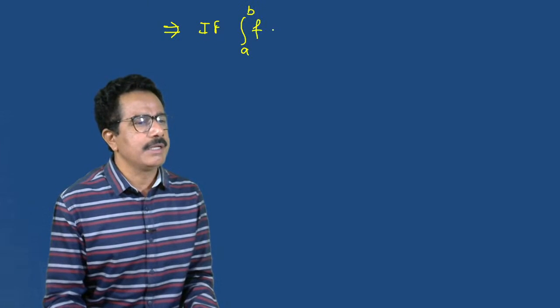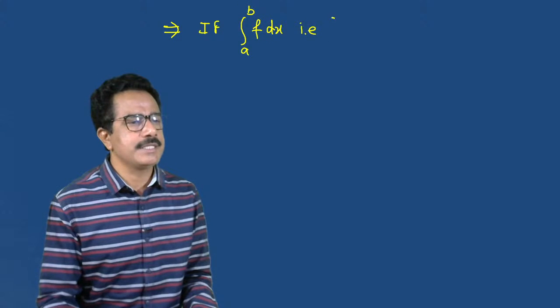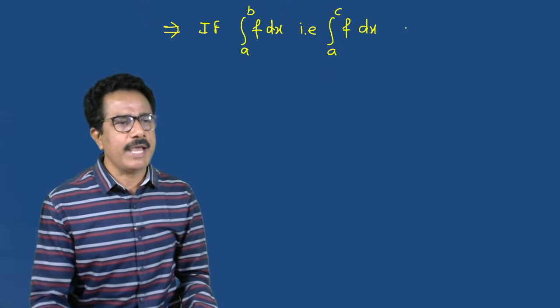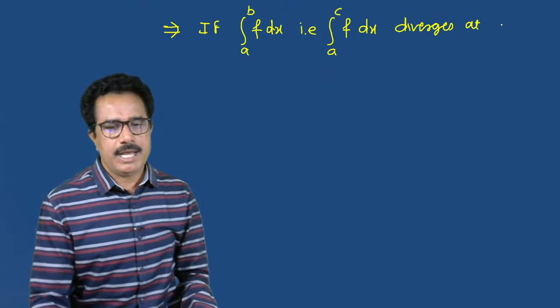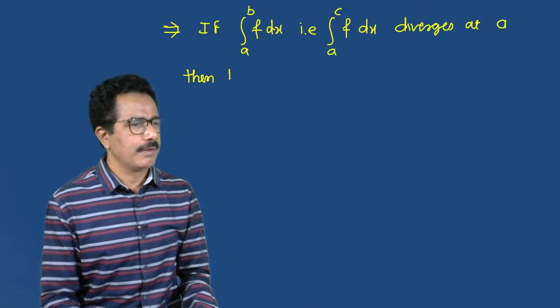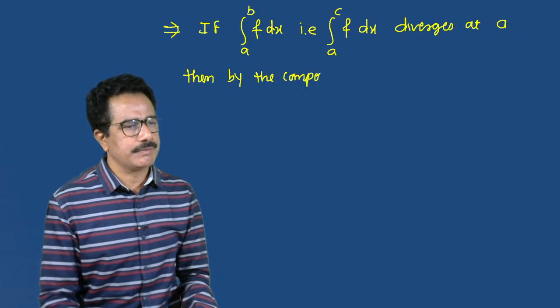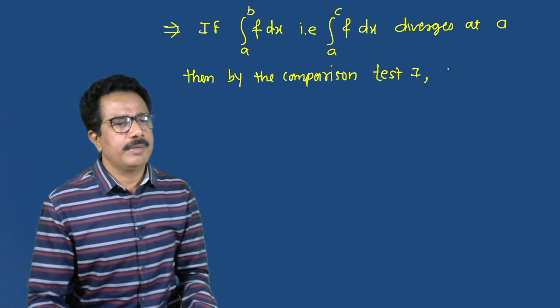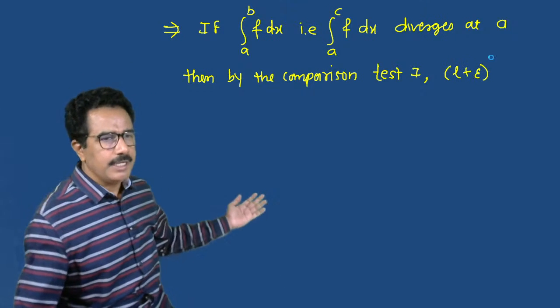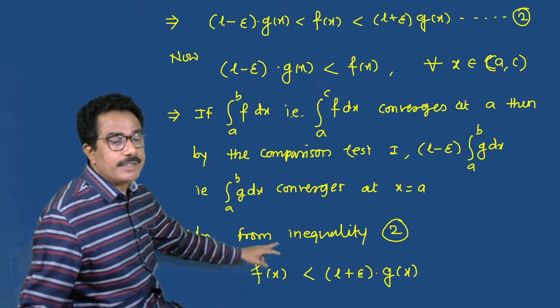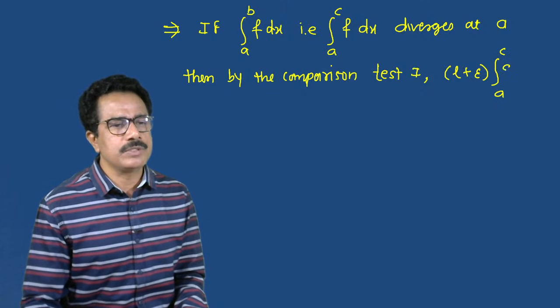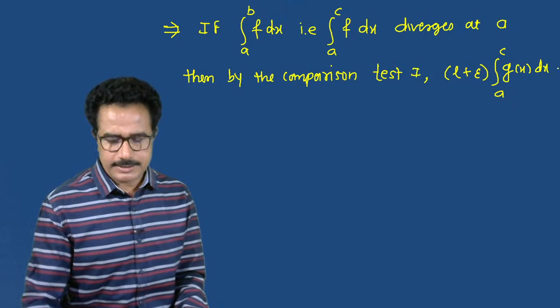So we can write, therefore this implies that if integral from a to b of f dx, that is integral from a to c of f dx, because we have considered c as a small interval of a b, diverges at a, then by the comparison test first, see this right side: f of x is less than L plus epsilon into g of x, so L plus epsilon into integral from a to c of g of x dx.